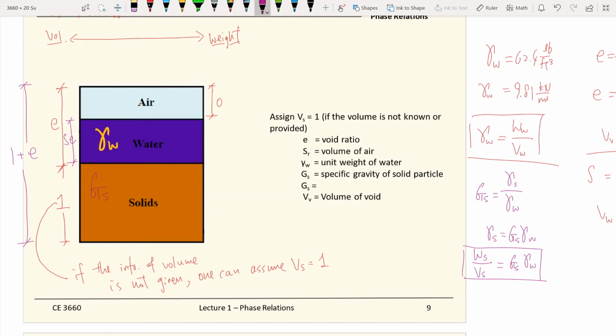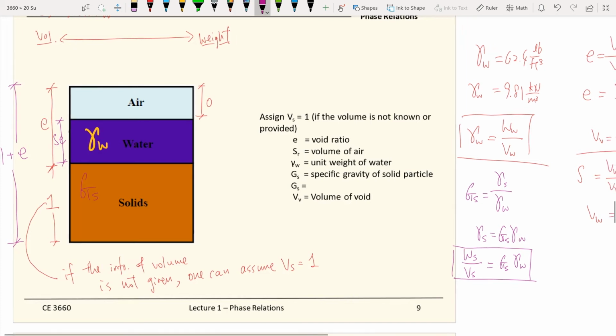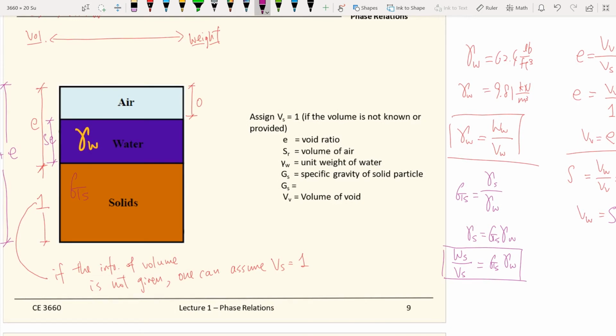Remember, at the beginning we talked about the good bridge, the good relations that can help us solve this type of problem: once you know either the volume or the weight of the water, you can always find out the other one.